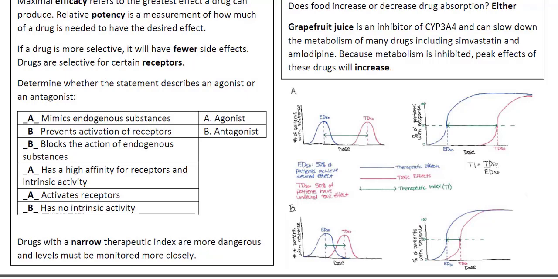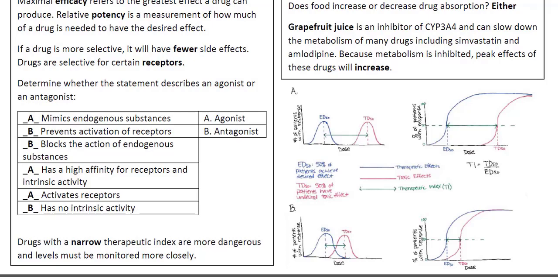Let's take a moment to look at a hypothetical example to help illustrate the therapeutic index. Let's imagine that drug A represents an analgesic where the ED50 is equal to 200 milligrams and the TD50 is equal to 2,000 milligrams. 2,000 divided by 200 would give us a therapeutic index of 10.